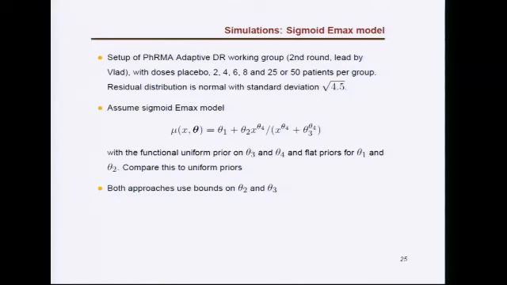In this case, I used not the standard Emax model, but the sigmoid Emax model, which has one additional parameter, theta 4, which essentially determines how steep the curve is. So one additional parameter to estimate, and I again only used the functional uniform distribution on the nonlinear part of the function, and I used bounds for both parameters.